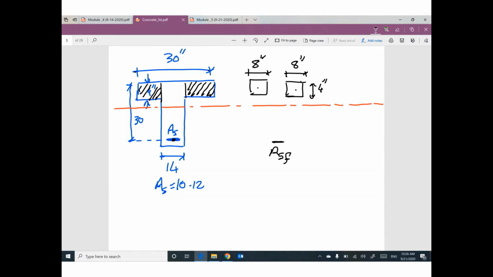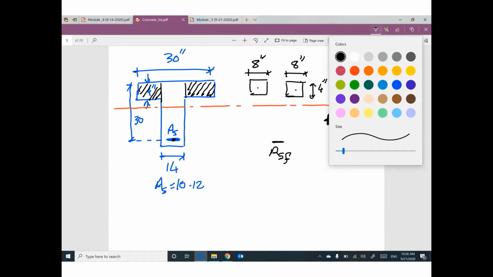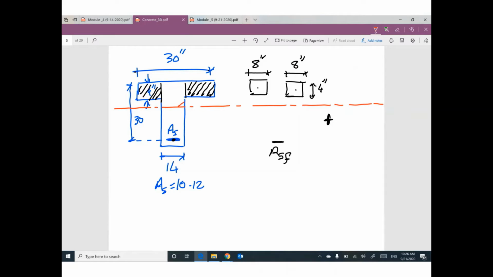Plus the remaining part of the cross section, we have this part here, and the remaining area of steel will be called area of steel web. This depth will be a and this width will be 14.